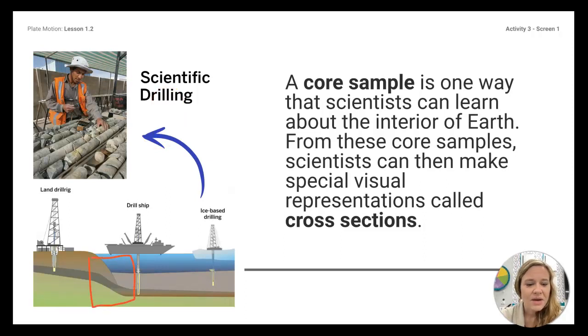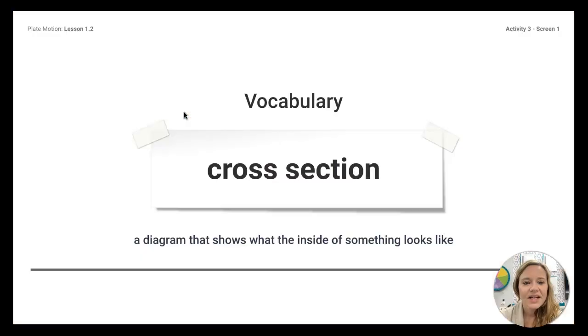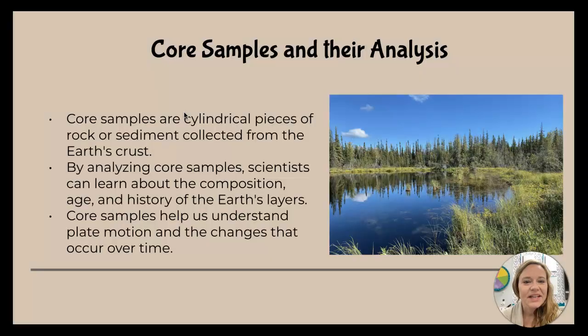That would be an example of a cross section. This would be an example of a core sample, right? They're taking this from inside of the Earth using the drill. So again, a cross section is a diagram that shows what the inside of something looks like.